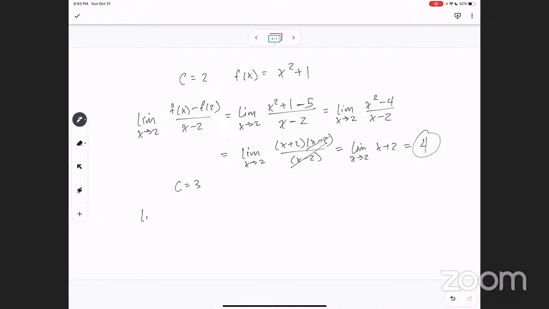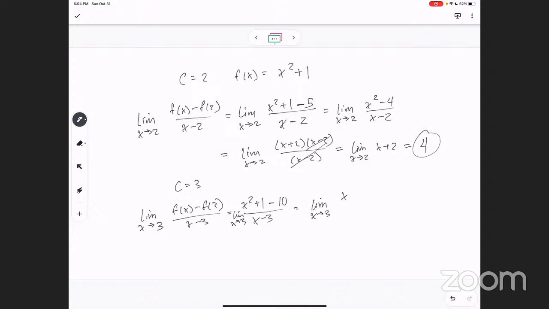Let's do that one, and watch what happens. The limit as x goes to 3 of f of x minus f of 3 all over x minus 3. You're going to have x squared plus 1 minus what now? 10. 10 all over x minus 3, which factors into what? x plus 3, x minus 3 over x minus 3.